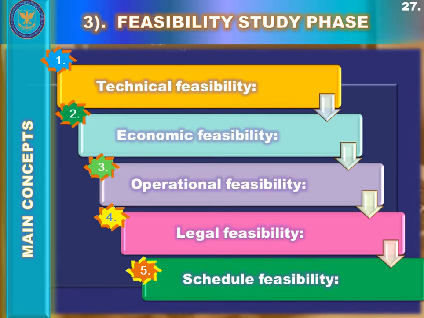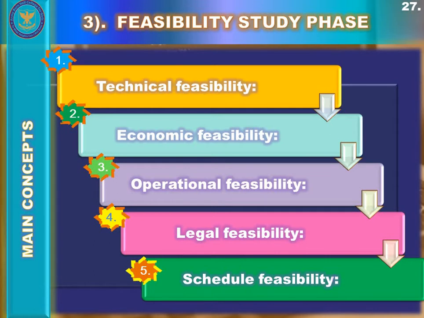He would analyze whether the software development organization already has those technical tools like hardware or software or infrastructure or technical support system or technical requirements in order to work on this new demanded system, the system which has been demanded by the customer.